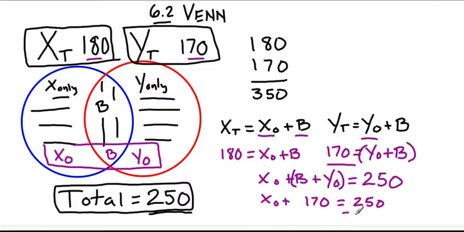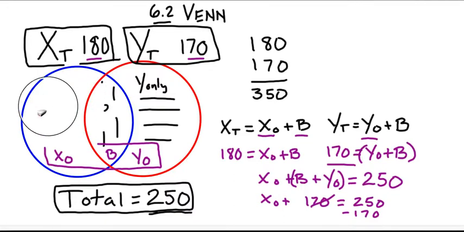So if I subtract 170 off of 250, I would get the number of dog owners only. The number of dog owners only is 250 minus 170, which we know is 80.